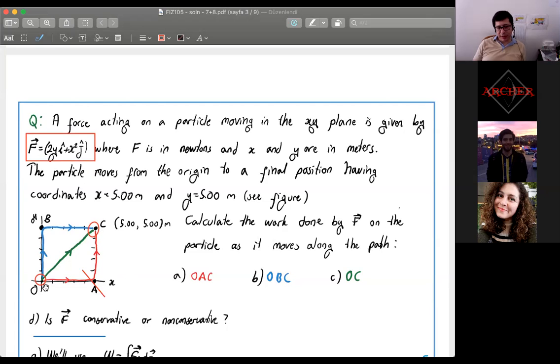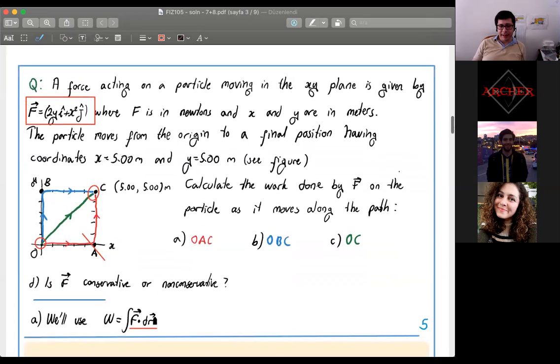Simply because it's easier. The first part is purely horizontal, the second part is purely vertical. So in the first part, this dr will be i, the unit vector, times dx. In the second part, dr will be j times dy.